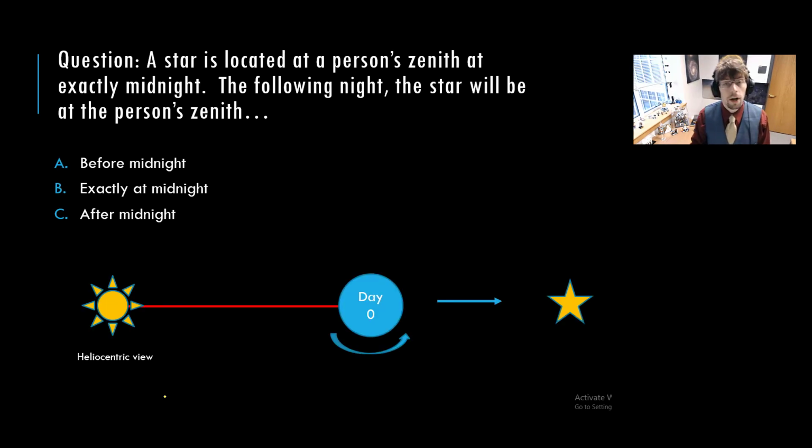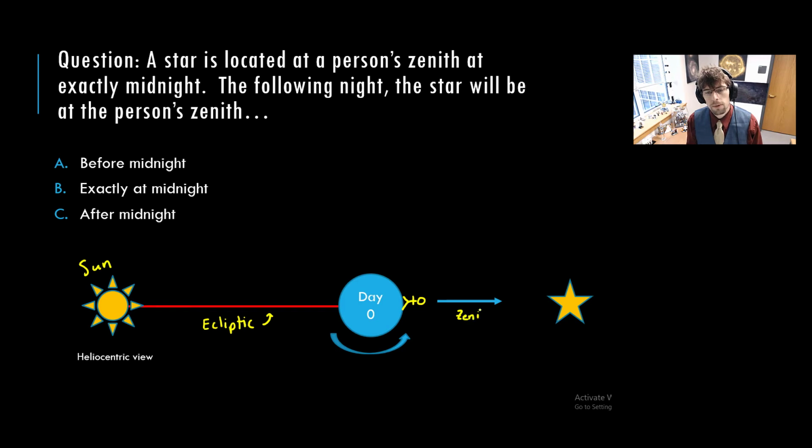Okay. So I've got a diagram here. Let me go ahead and walk you through. We've got the sun over here. I've drawn the ecliptic plane, that's in red. And I have drawn the direction of zenith for an observer on the Earth.